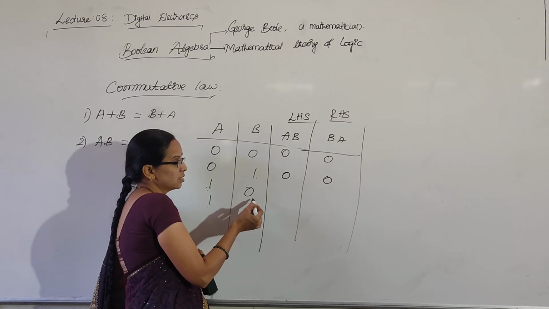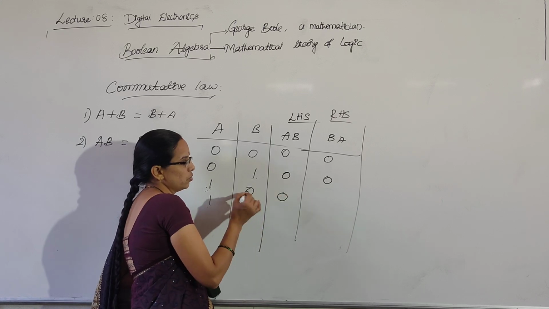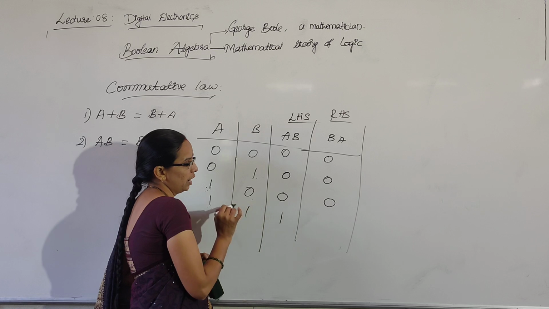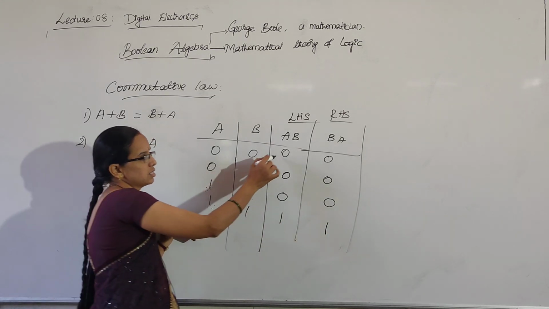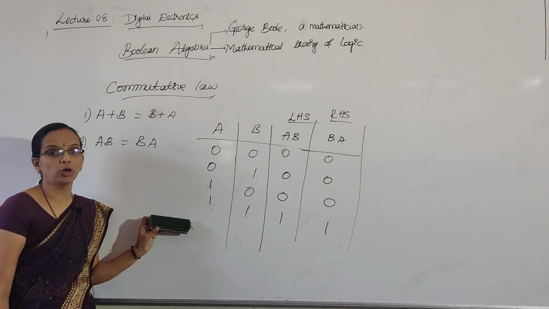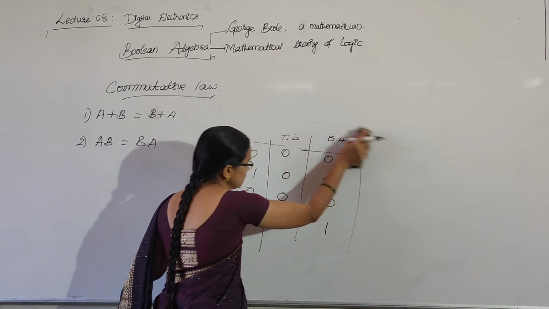If A is equal to 1 and B is equal to 0, it is 0, and 0 and 1 is 0. 1 and 1 is 1, and 1 and 1 is 1. So LHS is equal to RHS in all 4 possible combinations. Okay, so the commutative law is proved.